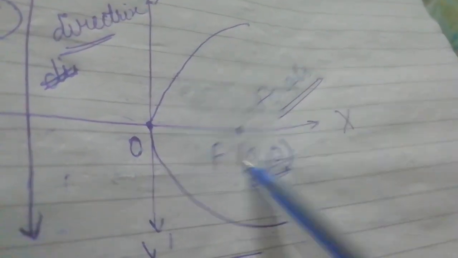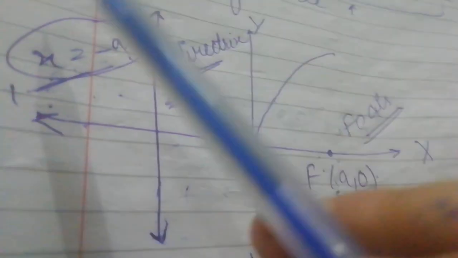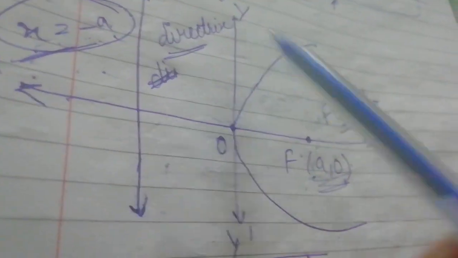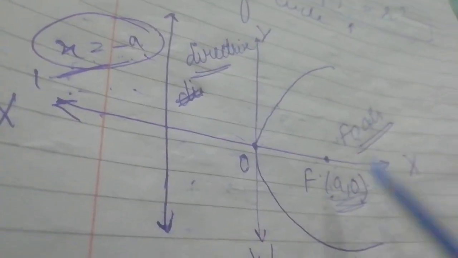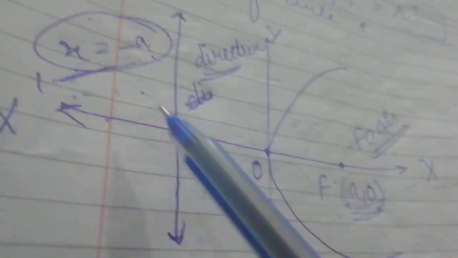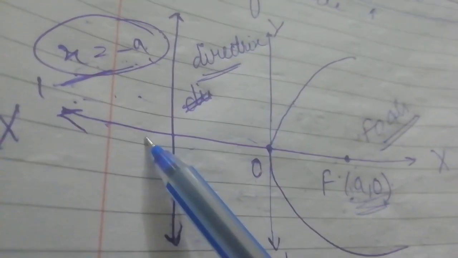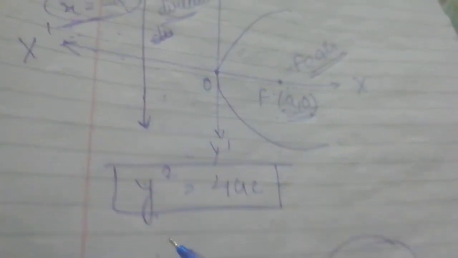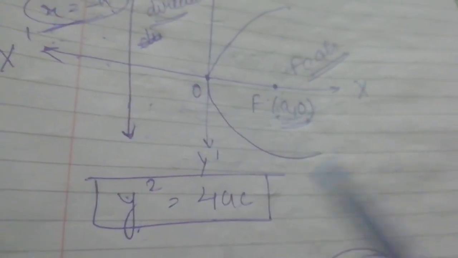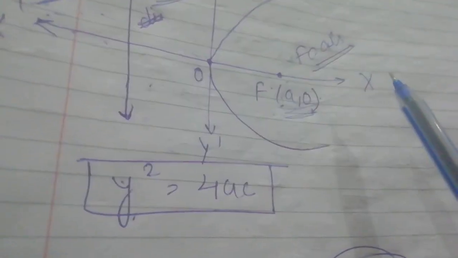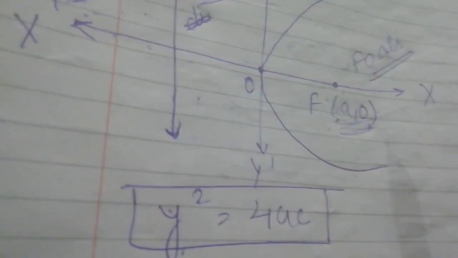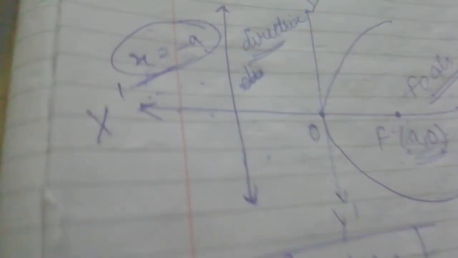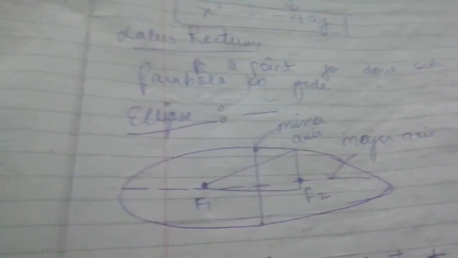When this a is positive, this other a is always negative because it is behind. So if it's positive, it must be negative. So this parabola has the equation y squared is equal to 4ax, and I'm not going deeper into the derivation of all these. I hope you understand.